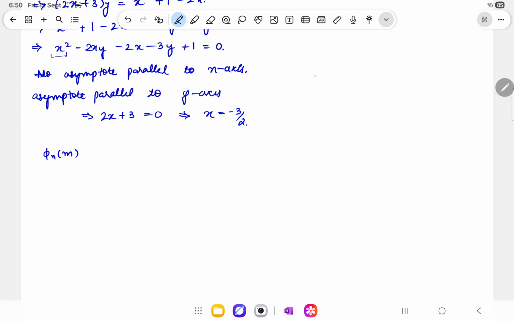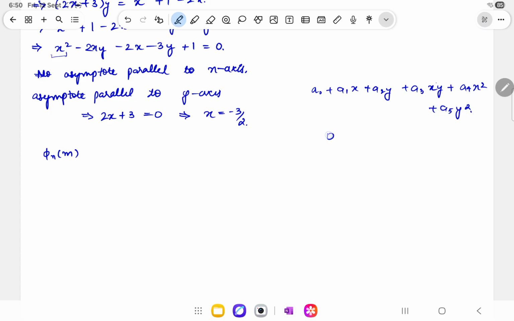Like if this is my a0 plus a1x plus a2y plus a3, let's say xy, plus a4x square plus a5y square.